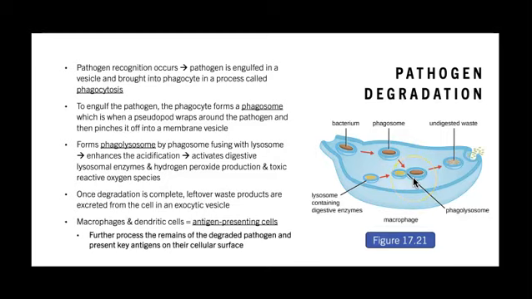There are some other enzymes that help with the respiratory burst, where we increase our uptake of oxygen and produce things like superoxide anion, hydrogen peroxide, hydroxyl radicals, and other reactive oxygen species that are all antibacterial. So it goes through the process of degradation, and once it's complete, we've got some waste products left over, which can be secreted out of the phagocyte.